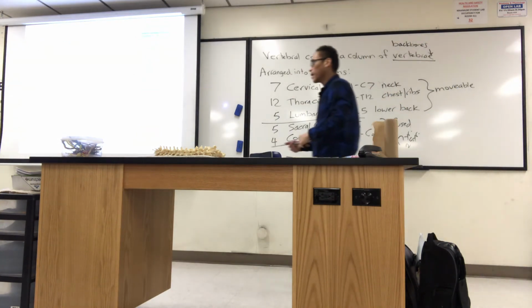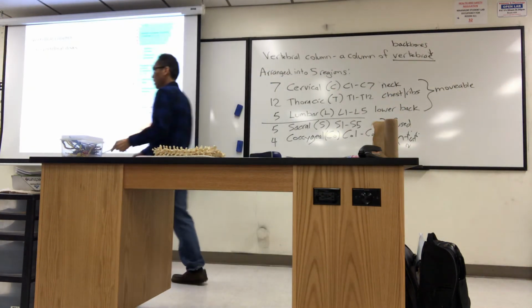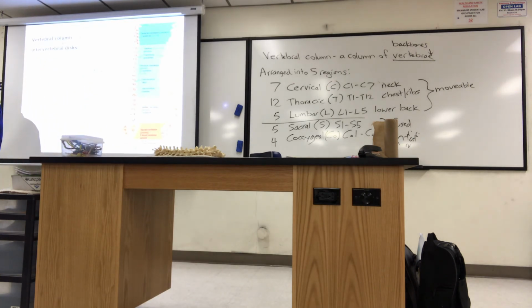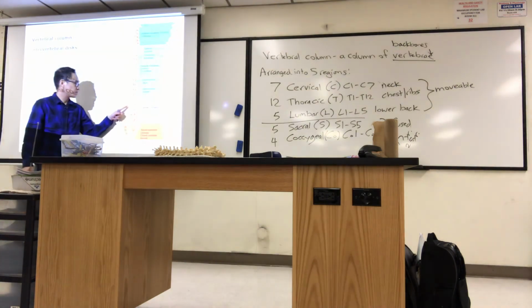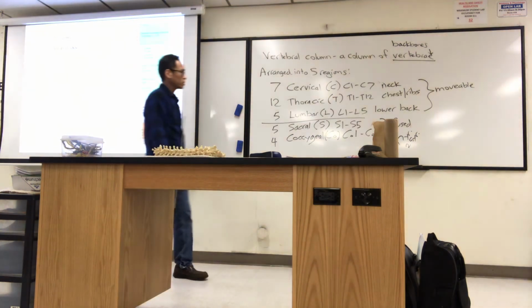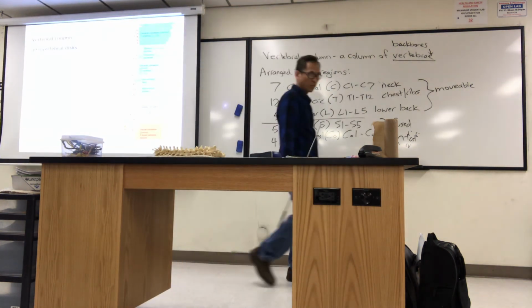And notice that in models, like when you study in the lab, there's like these little wedges between the backbones. They're called the bodies of the vertebra. These little wedges between the bodies are called the intervertebral discs, and they allow this to be more movable.